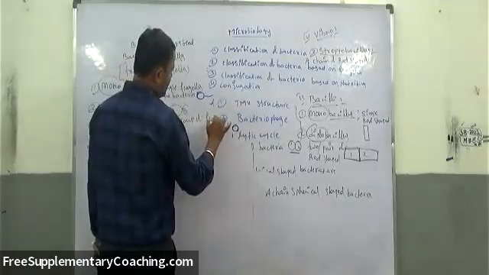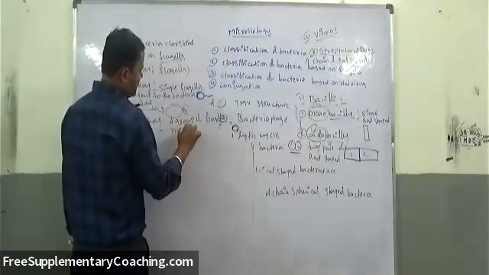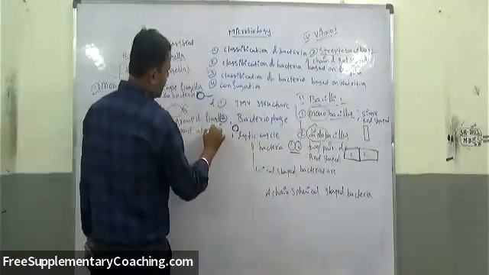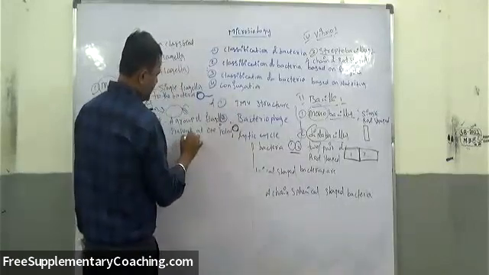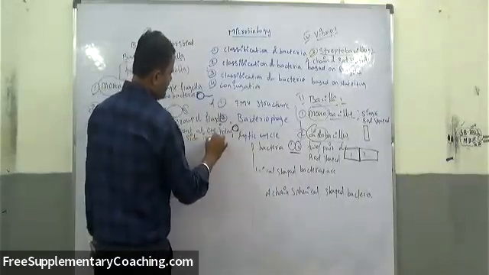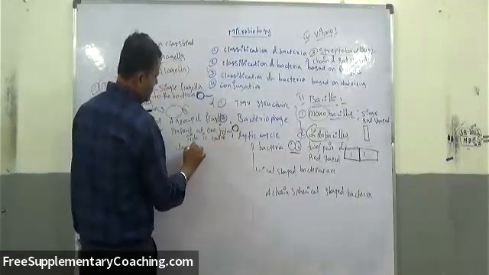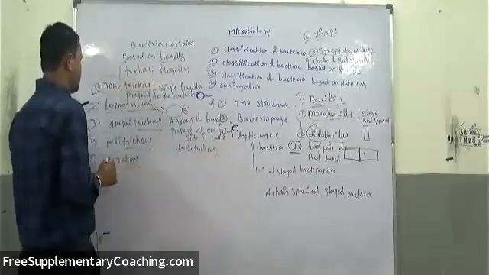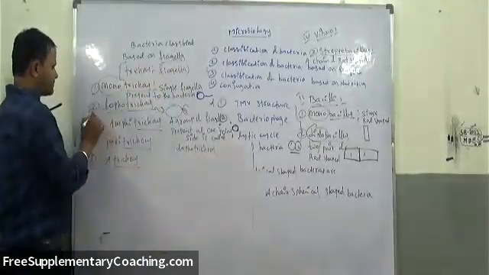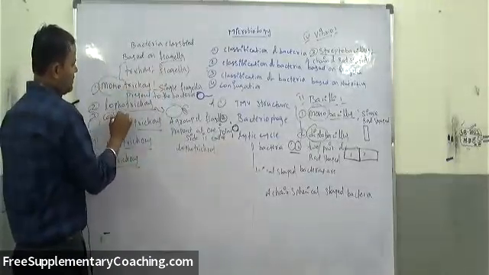A group of flagella present at one polar side is called lopotrichous. Below the lopotrichous, again note down cephalotrichous.